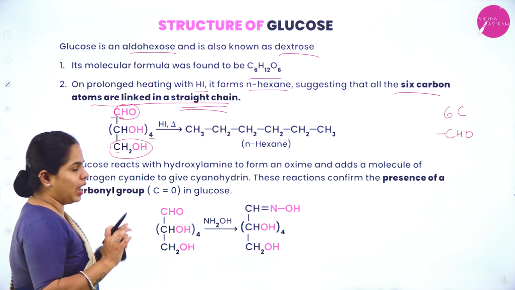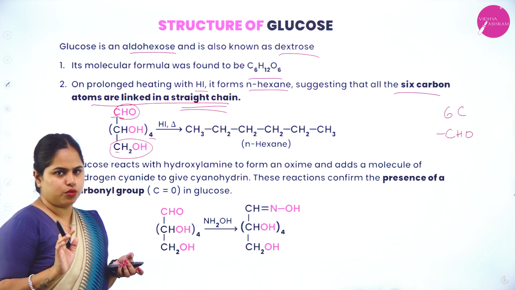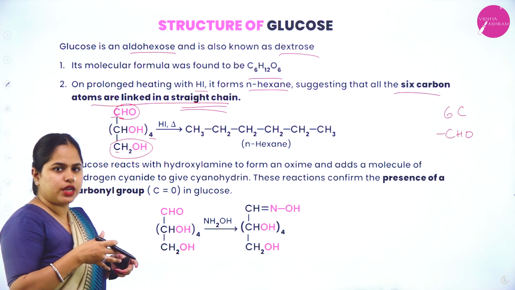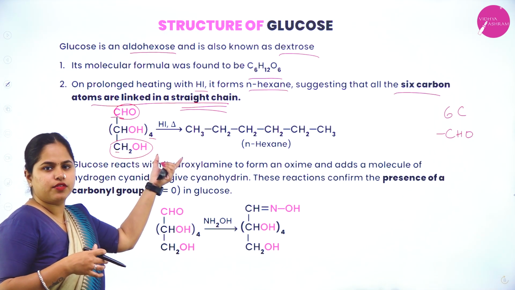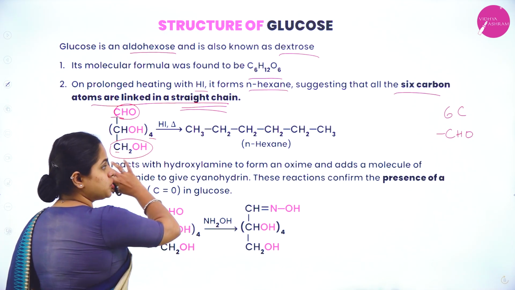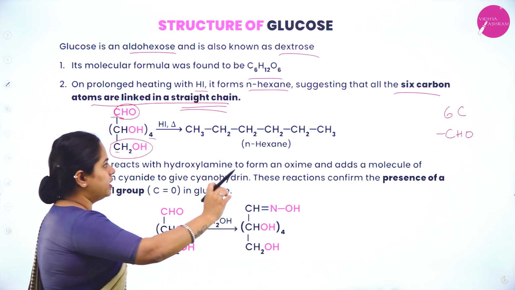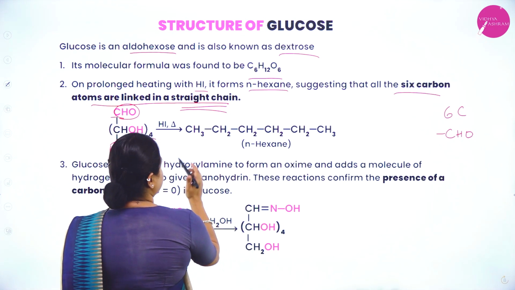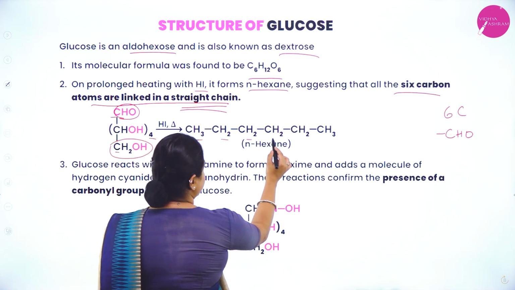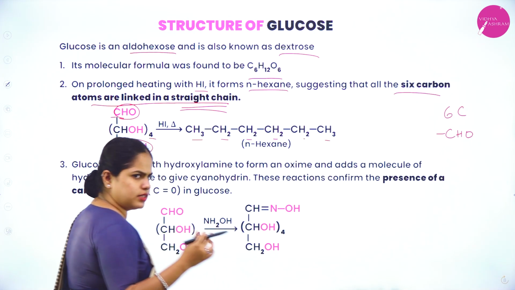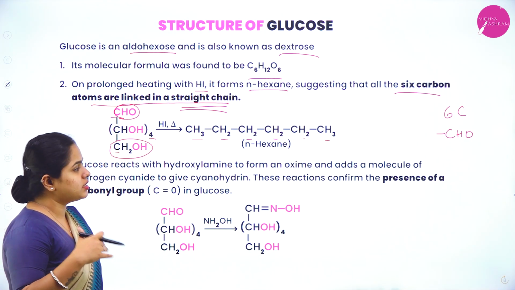As of now we do not know the structure of glucose. So when glucose was taken and made to react with hydrogen iodide, we got a straight chain structure. That is, straight chain hexane was formed: CH3, CH2, CH2, CH2, CH2, CH3. This is normal hexane. So what does that indicate?